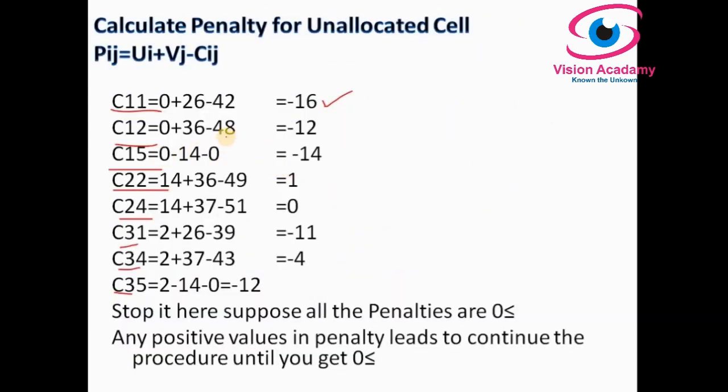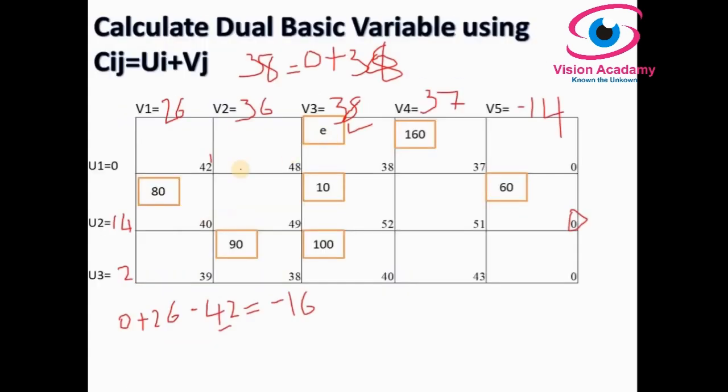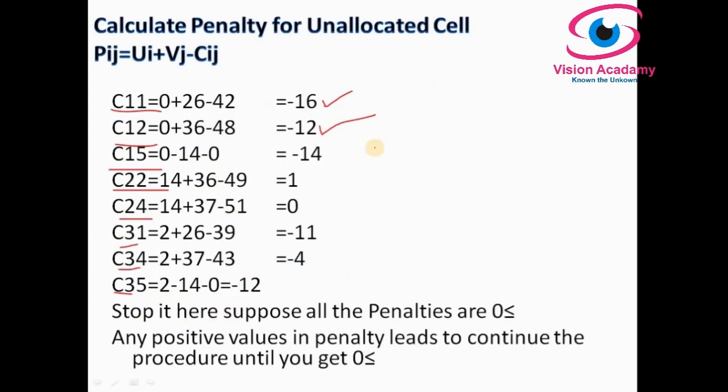So 0 plus 36, 36 minus 48, it means minus 12. And third, C15, the U1 is 0, V5 is minus 14. So 0 minus 14, Cij is also 0. So minus 14 minus 0, it is minus 14.